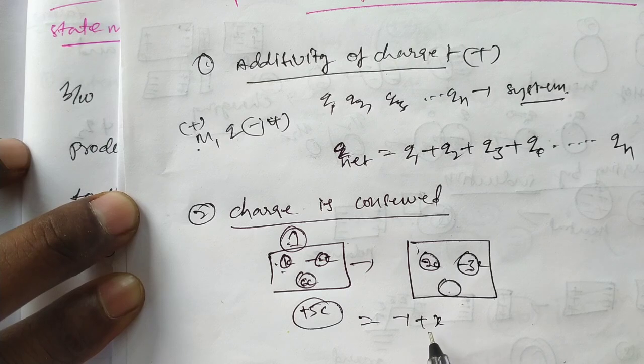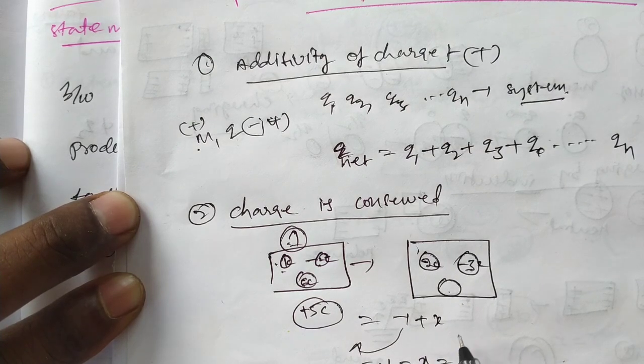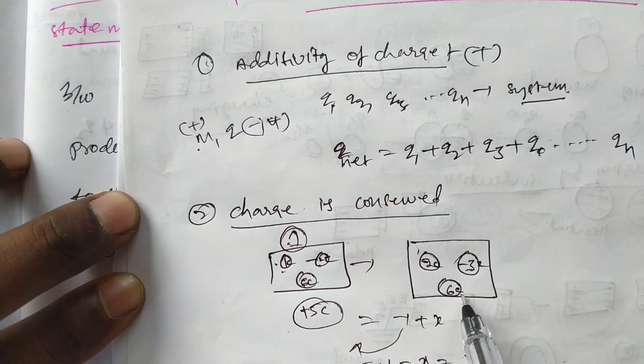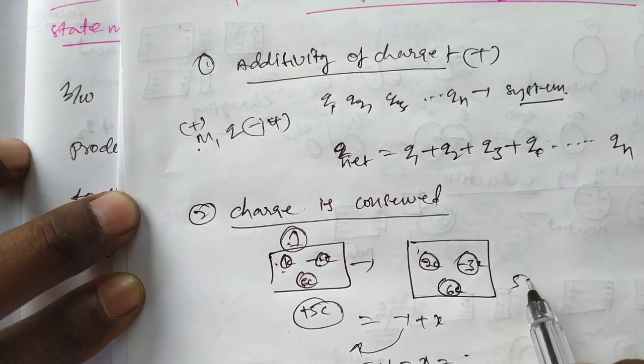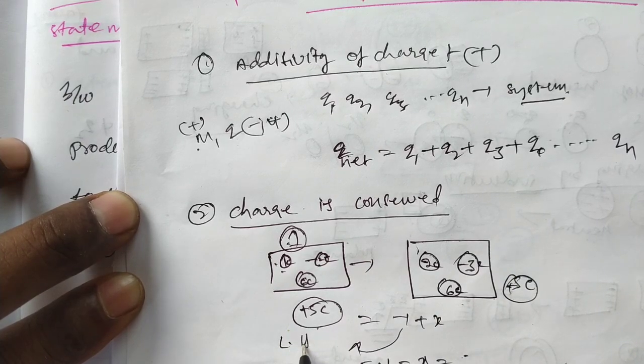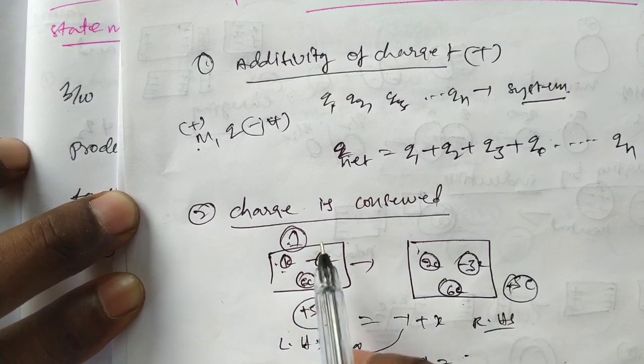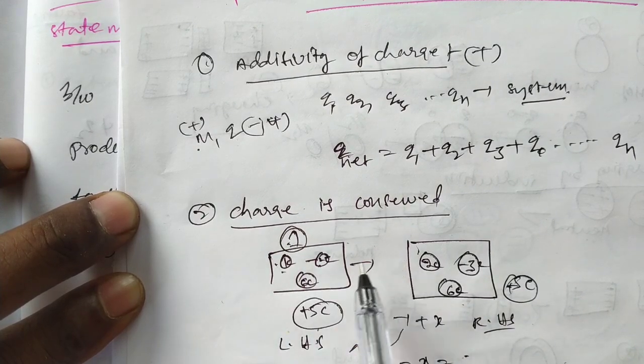What is x? x goes to 5 plus 1, so x is 6 coulombs. The net charge is 6 plus 2 is 8, minus 3 is 5 coulombs. Left hand side equals right hand side, which means charge is conserved.